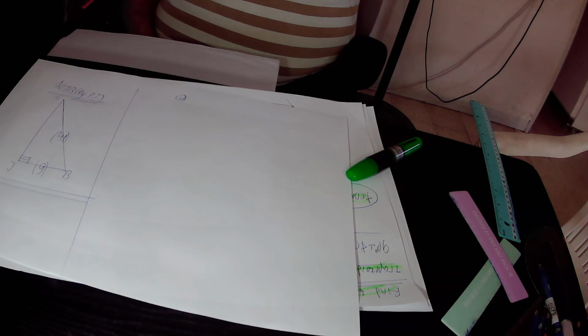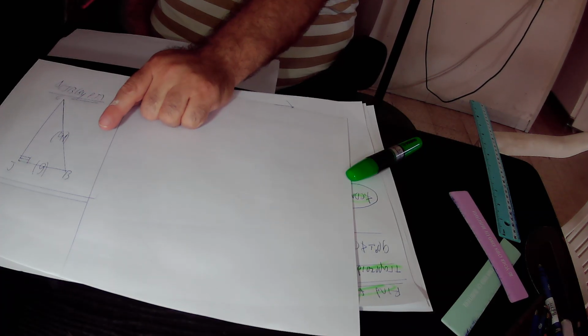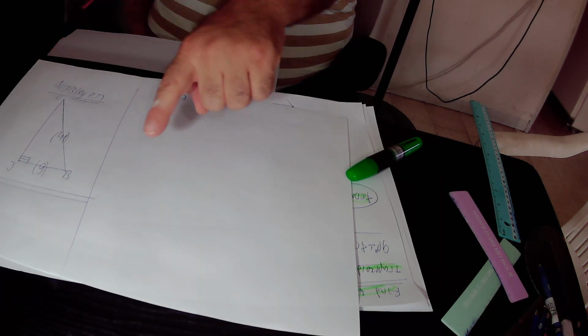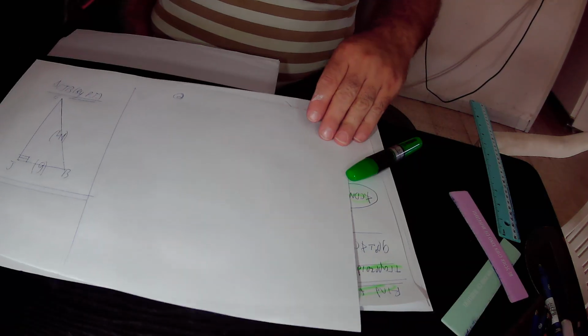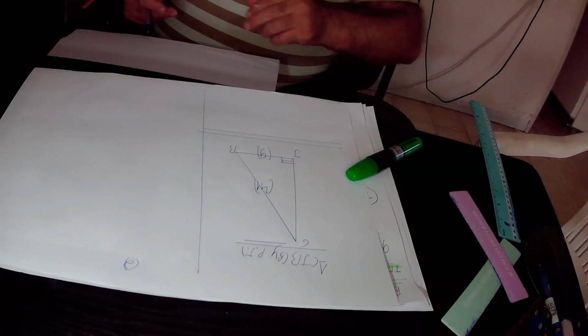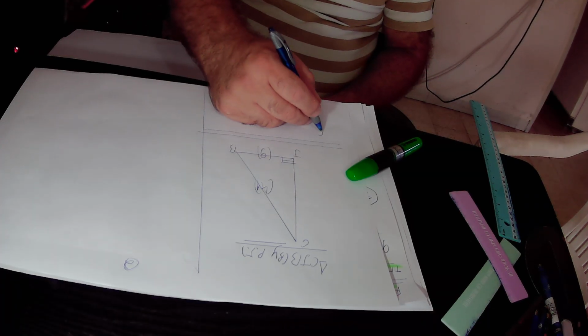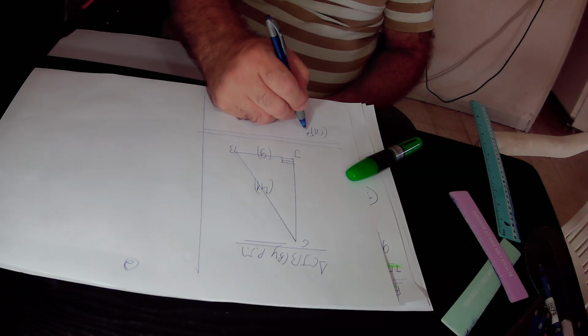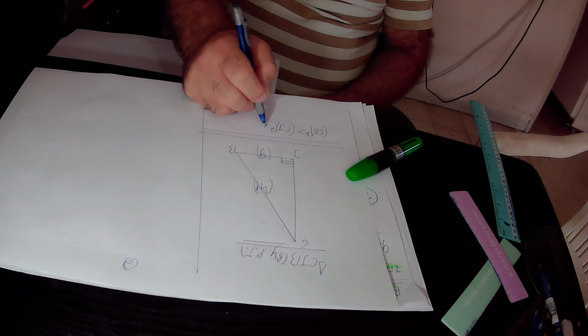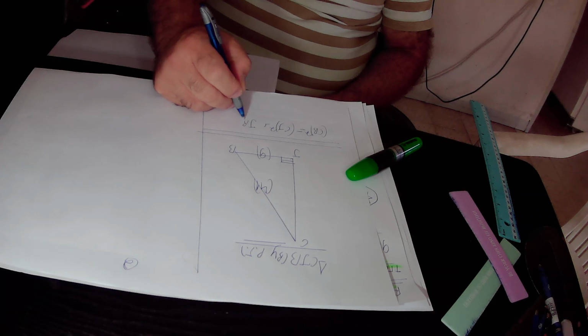In this right triangle CJB, according to the Pythagorean theorem, CB squared equals CJ squared plus JB squared. So I write it down: CB squared equals CJ squared plus JB squared.